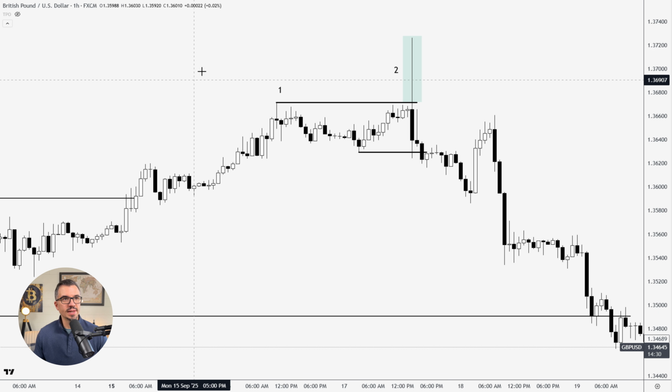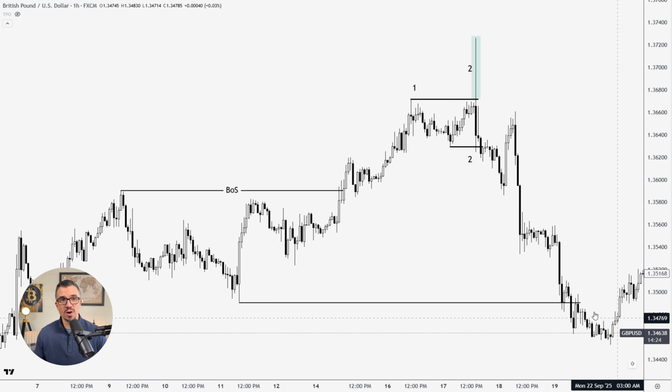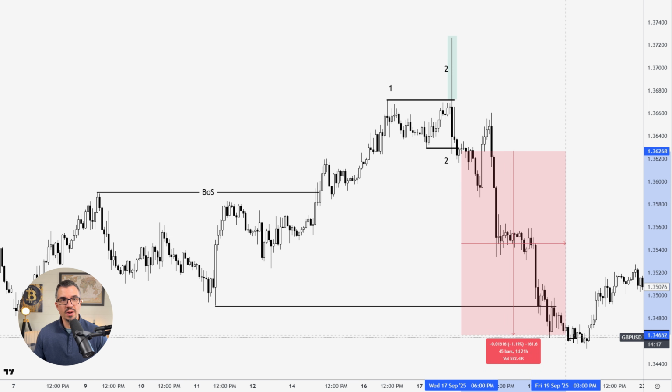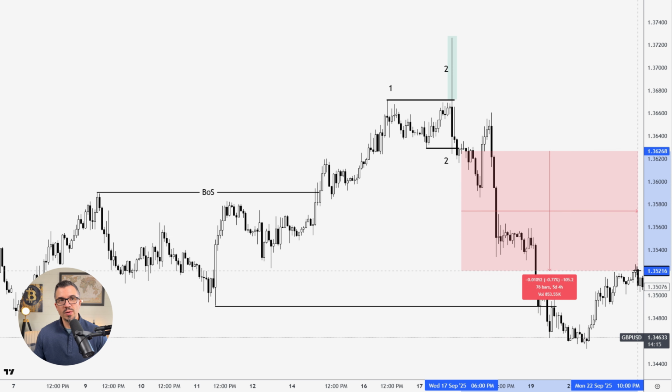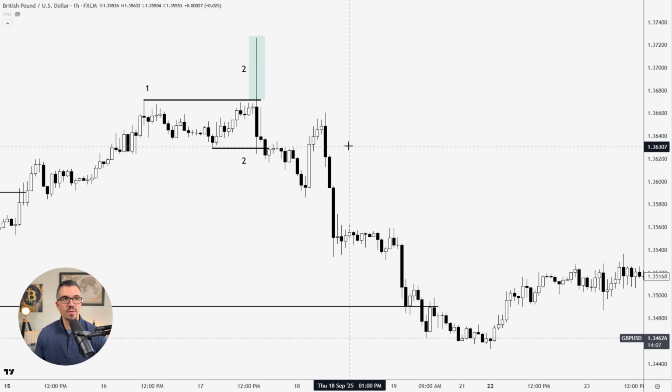This allowed us to get into this trade a lot earlier than if we were waiting for the change of character, which, as I mentioned, was all the way down here. Even if you were waiting for the retrace into this area, which you should, this was a 100 pip difference in catching the reversal up here versus waiting for that change of character.